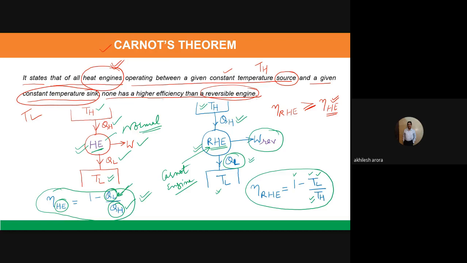Whereas if we are talking about a normal heat engine, the processes may have some irreversibilities, because of which the efficiency of a normal heat engine is always less. This is what I have written here. At the most, the efficiency of a normal heat engine can be either equal to or less than the efficiency of a reversible heat engine.